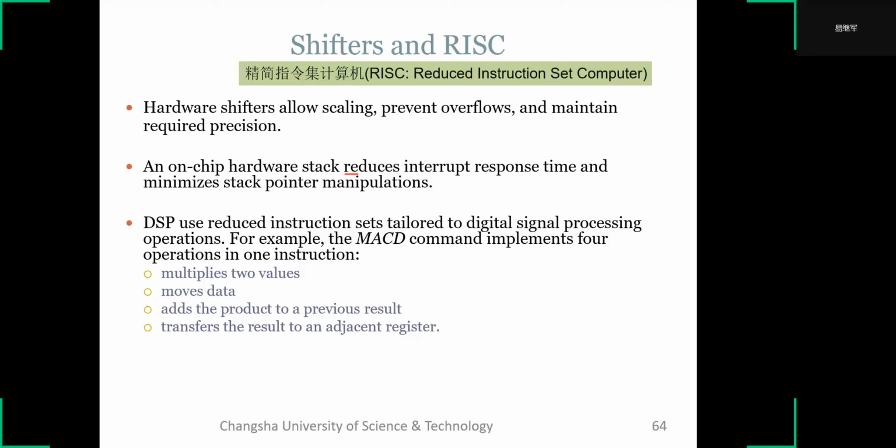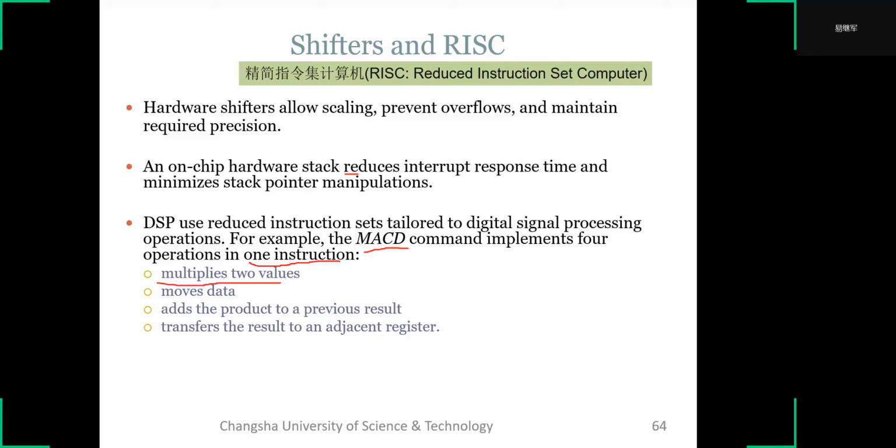DSP uses reduced instruction sets tailored to digital signal processing operations. For example, this command in the DSP, MACD, implements 4 operations in one instruction.